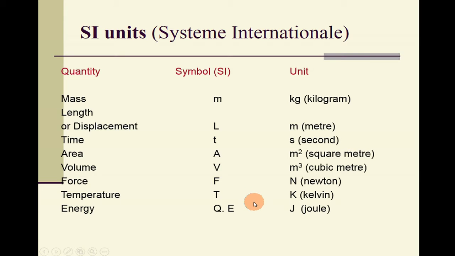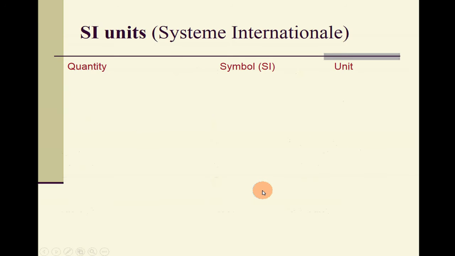Energy is denoted by the letter E and its unit is joule. For work, we use the symbol W and its unit is joule. Same as the energy, so we can say that work and energy have the same unit, that is joule.